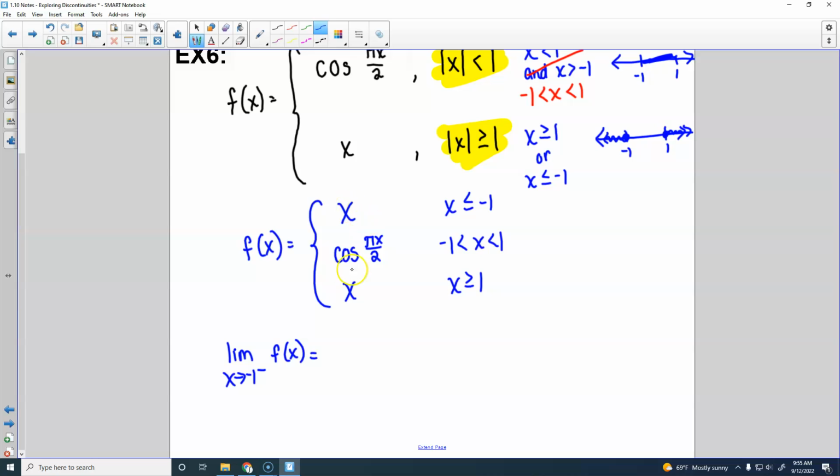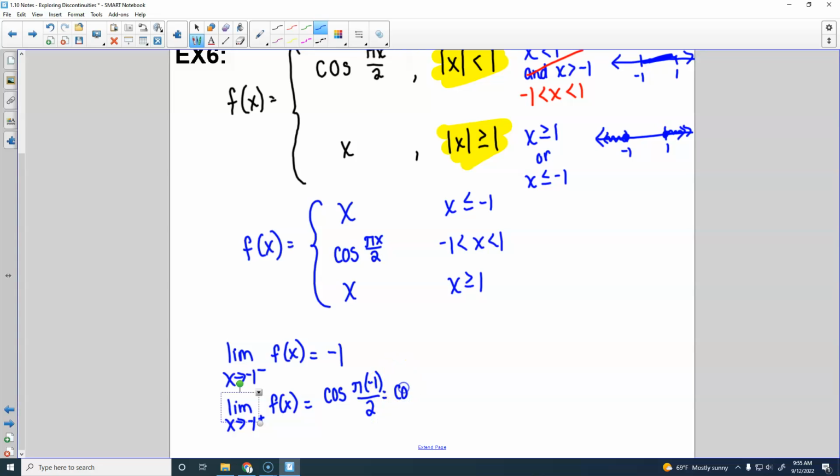So if we plug in -1 for x, we just get -1. But from the right, the limit as x approaches -1 from the right of f of x. From the right-hand side, these two functions come together at -1. We would be using cosine of pi x over 2, so cosine of pi times -1 over 2.